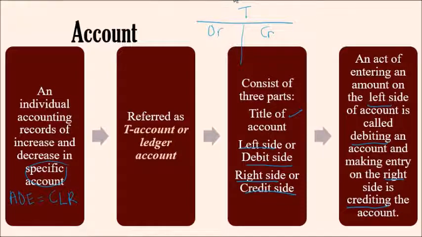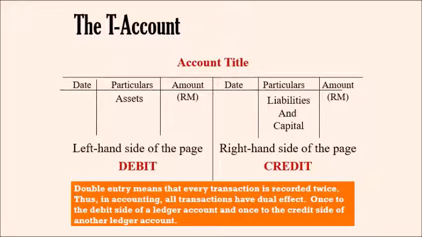Okay, so we go into the next slide. This is a T account. In the T account, you will first have a title. You will also have a left and right side, left being the debit and the right being the credit side.